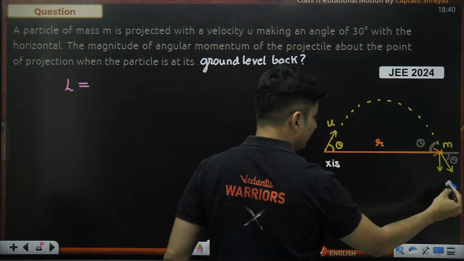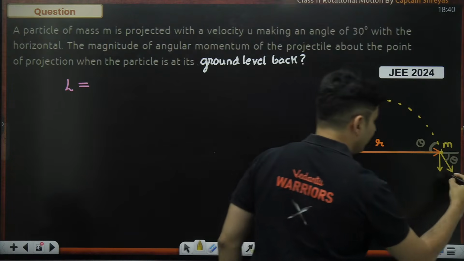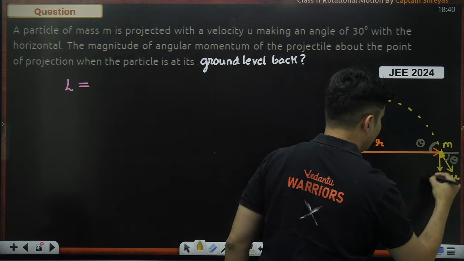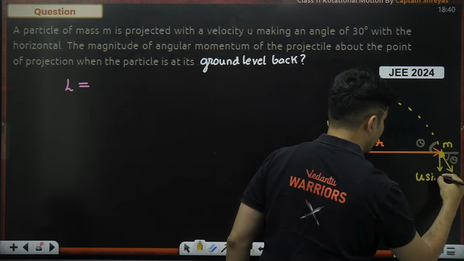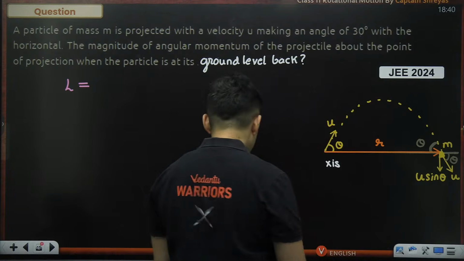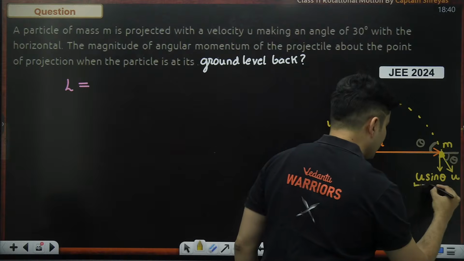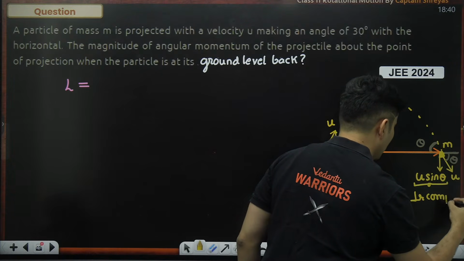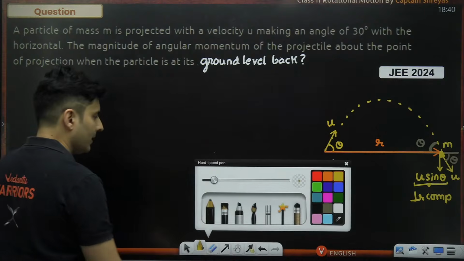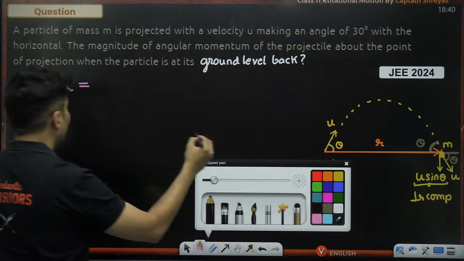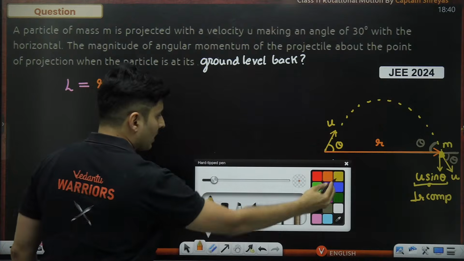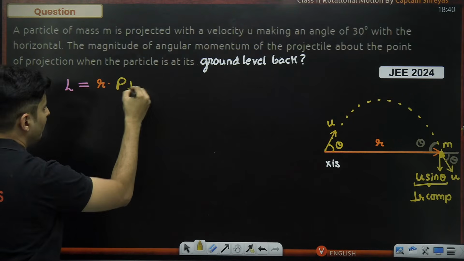So instead of taking this, I'm just going to take this perpendicular component, which is going to be u sine theta. This is basically the perpendicular component of that momentum or velocity. Okay, so I'll be using r multiplied by p perpendicular.